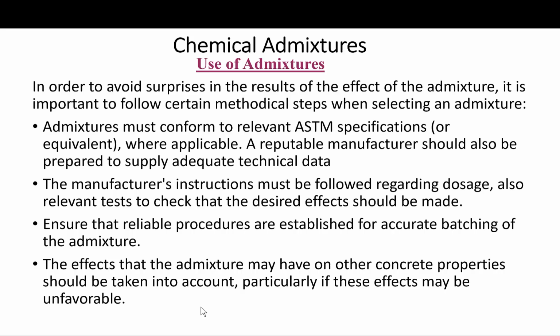So again, these are performance specifications. If the admixture meets these specifications set, for example, in this case the ASTM provisions, then it is fit for use. Otherwise, it is not. So again, it is performance specifications, not set figures and numbers that have to be met. Okay, so keep that in mind.